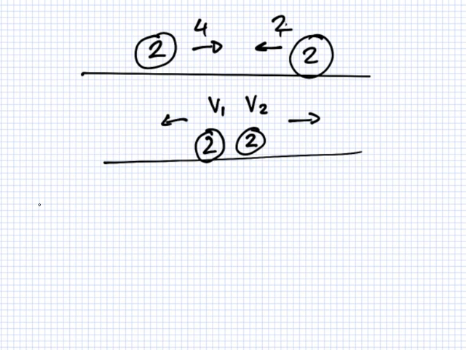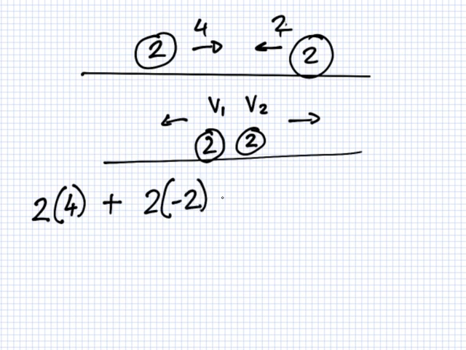M1 times 4, plus, minus 2, very good, equals 2V1 plus 2V2. 8 minus 4 is 4. Divided by 2 is 2.